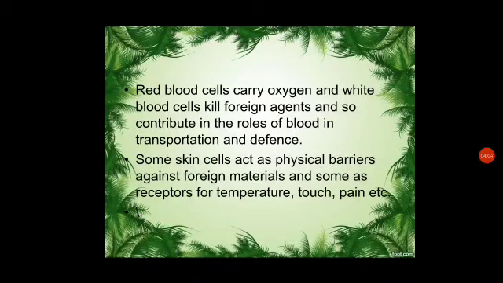Some skin cells act as a physical barrier against foreign materials, and some are receptors for temperature, touch, and pain. So their shape is according to the function they have to perform.